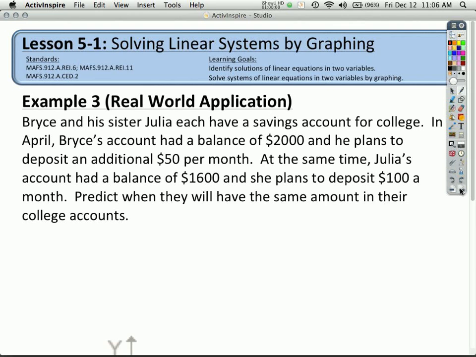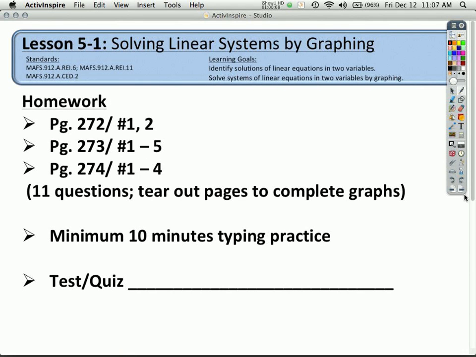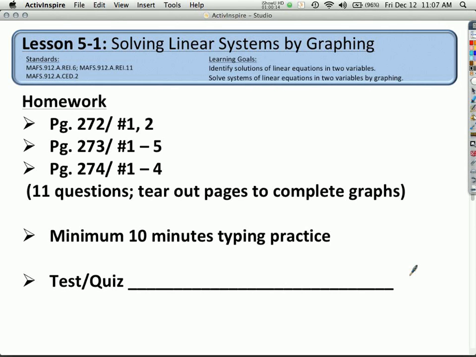I'm going to give you your homework assignment. You will be fine on the homework assignment. You will be able to do all of it. So everyone draw a line across their paper. Your homework is page 272, numbers 1 and 2, page 273, numbers 1 through 5, and page 274, numbers 1 through 4.